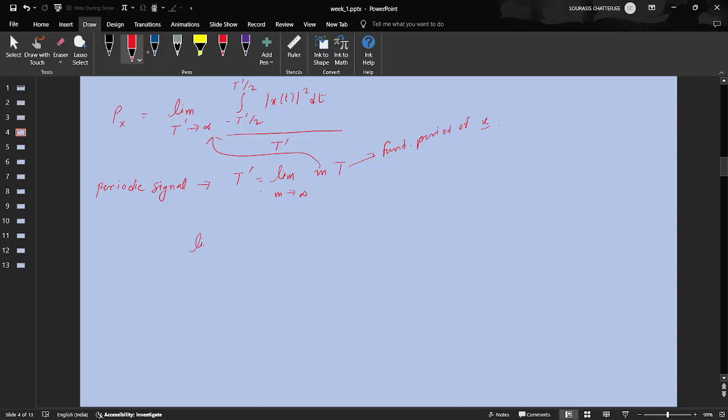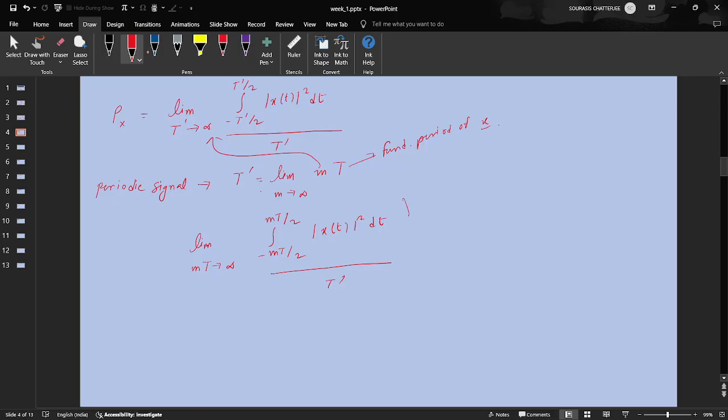So what it will be: limit mT tends to infinity, the integration now runs from minus mT divided by 2 to mT divided by 2, |x(t)|² dt, divided by T dash. Now you can see this is an integral over the absolute value square of x(t) for the window of minus mT by 2 to mT by 2, right?